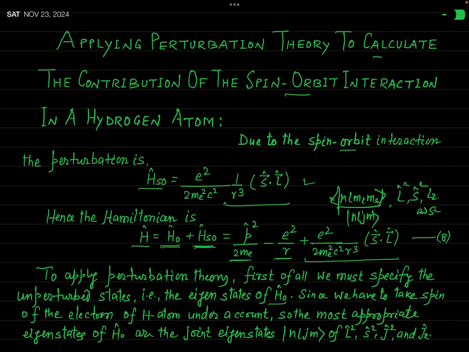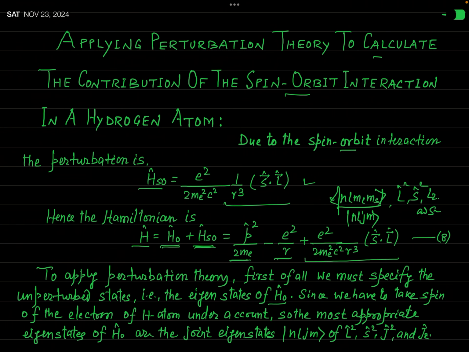But HSO is diagonal in the second but not in the first, because HSO, or more precisely S dot L, commutes with neither Lz nor Sz. If you do not have an idea of this commutation, you can watch my previous video in the chapter on angular momentum. There you will find it.